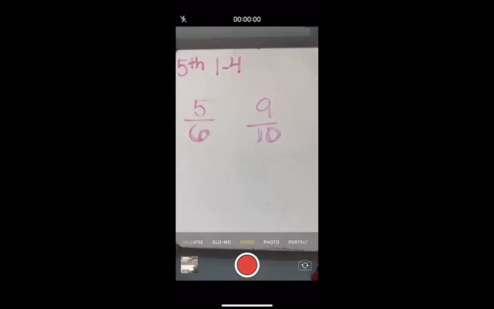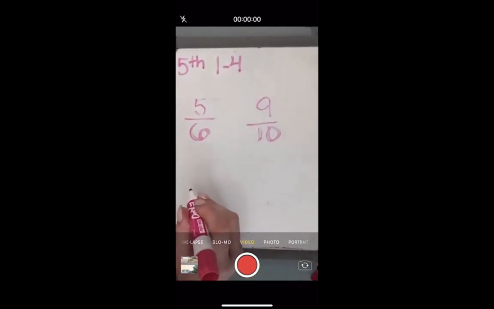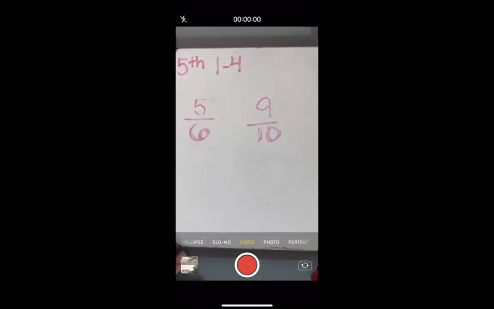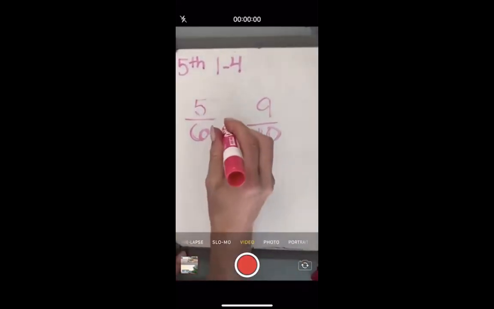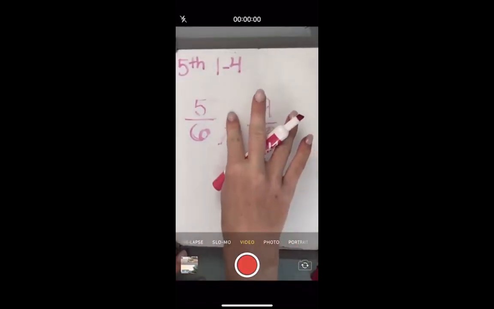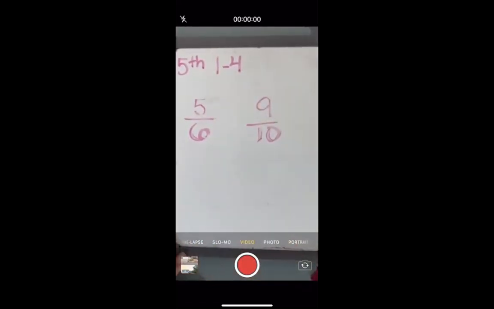I would say, let's think about our piece sizes. Let's compare it to a whole. If I think I am one piece away from a whole here, and I'm one piece away from a whole here, great, they're equal. That's what we think sometimes, but that's not true. They're both one piece away from the whole, but they're very different piece sizes.